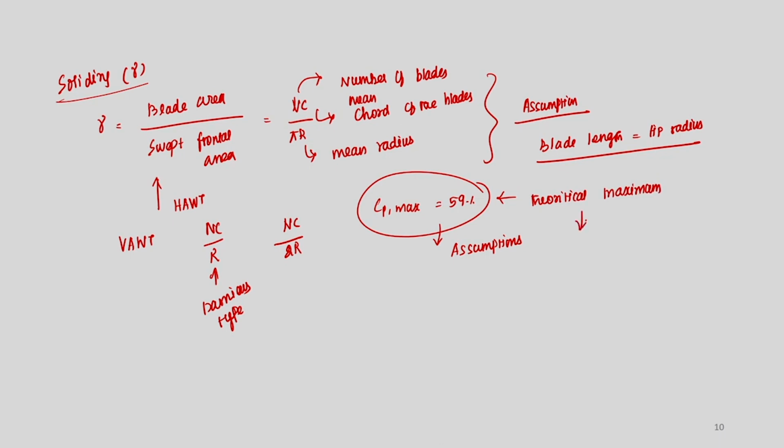What happens when we go to the practical case, in the sense when we really employ the wind turbine? Out of this theoretical maximum, how much will we be able to get, and what are the losses due to which we get less out of the 59%? From there onwards, we are going to discuss in today's lecture.